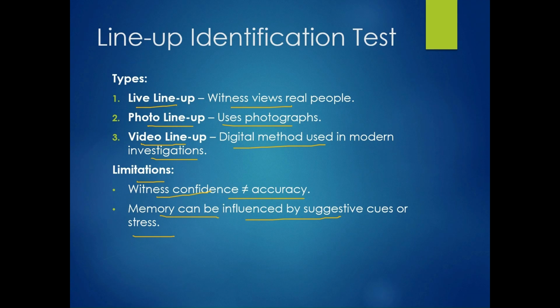For example, if an officer hints that the suspect is among these five, it can pressure the witness to choose someone even if the person is unsure whether the suspect is among the five or not. Hence, double blind procedures, where even the officer doesn't know who the suspect is, are generally recommended. So that's where the role of a psychologist comes up.